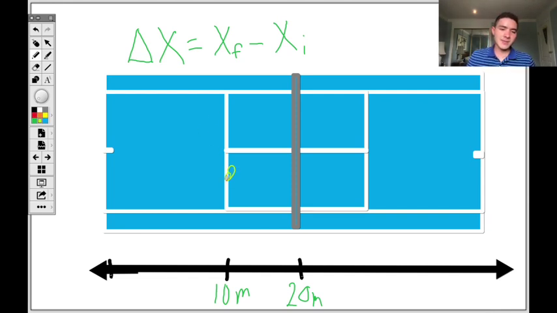Assuming that the tennis ball barely doesn't make it over the net, it ends up right on the position of the net. Then substituting the values into the equation for final and initial position will give us 20 meters minus 10 meters. Thus, the displacement value will equal 10 meters.